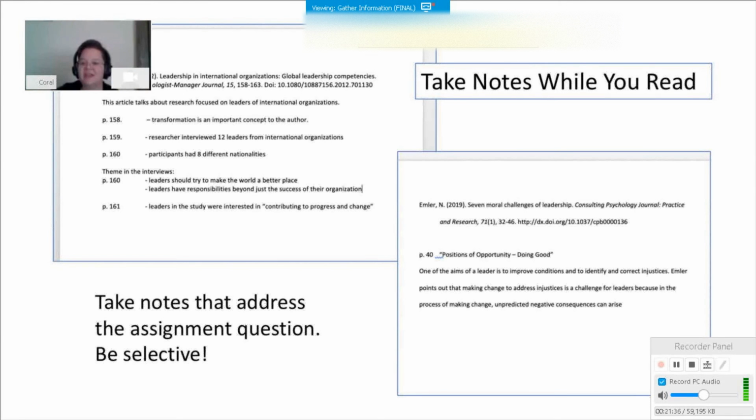One thing that is coming up a bit is what exactly is a peer-reviewed source? Really good question. Vicki, do you want to take that? Sure. It's a question I get very often from students.